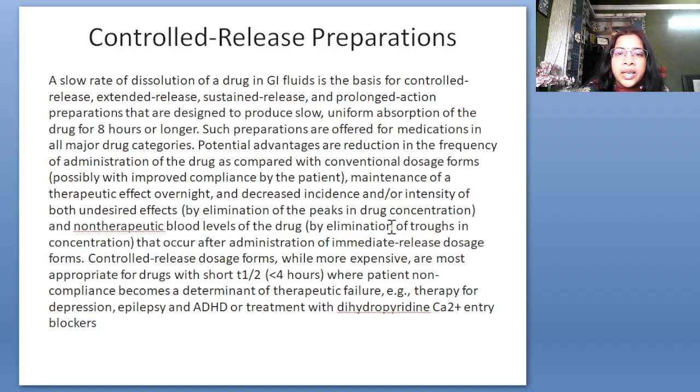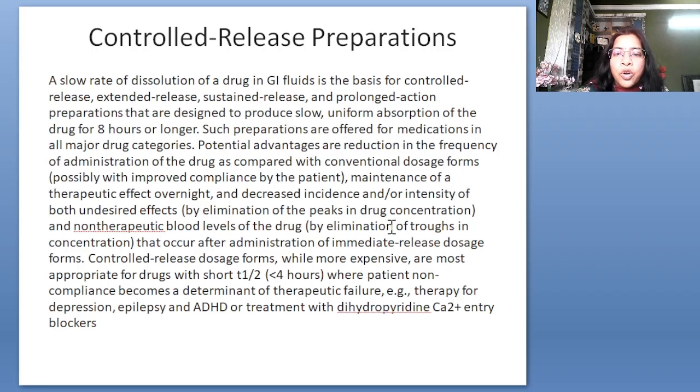Also, it maintains a therapeutic effect overnight, and there is decreased incidence or intensity of undesired effects by elimination of the peak in drug concentration, and non-therapeutic blood levels of the drug by elimination of the trough in concentration that occurs after administration of immediate release dosage forms.